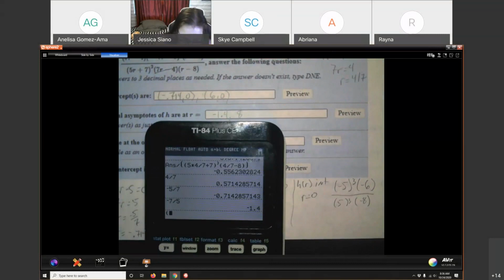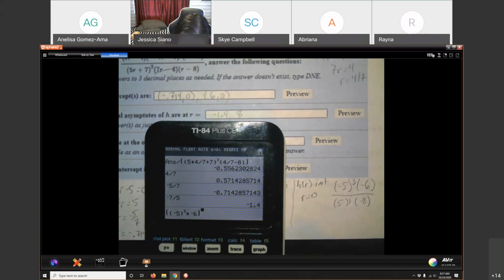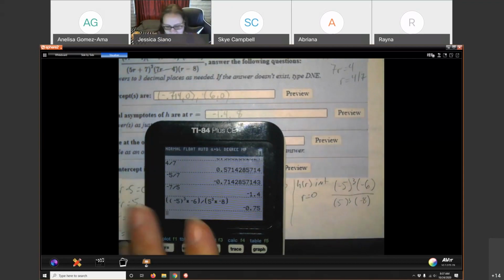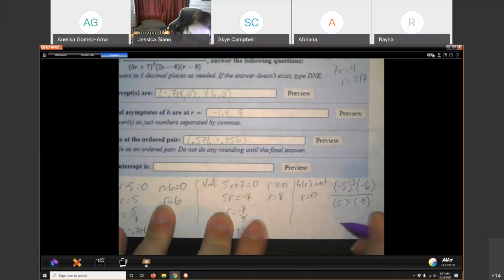So -5 to the third times -6 on the top, divided by 5 to the third times -8 on the bottom. -0.75.